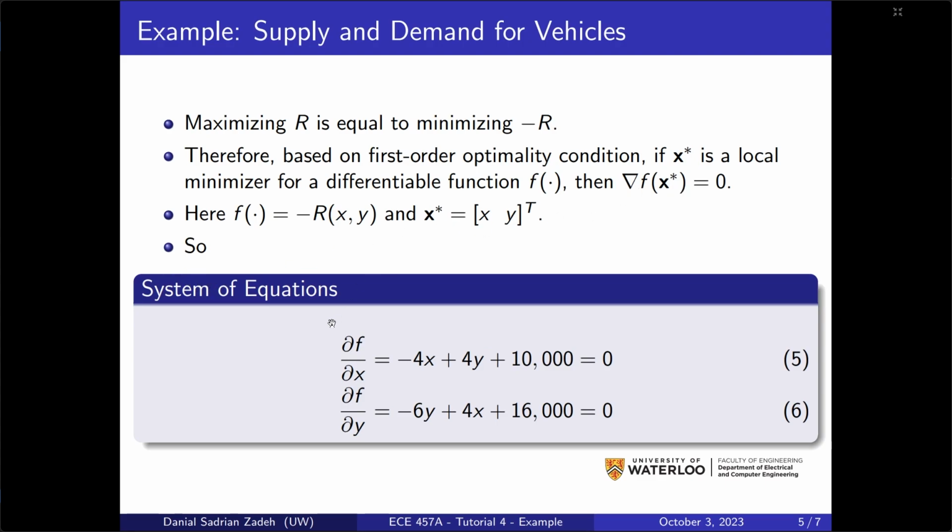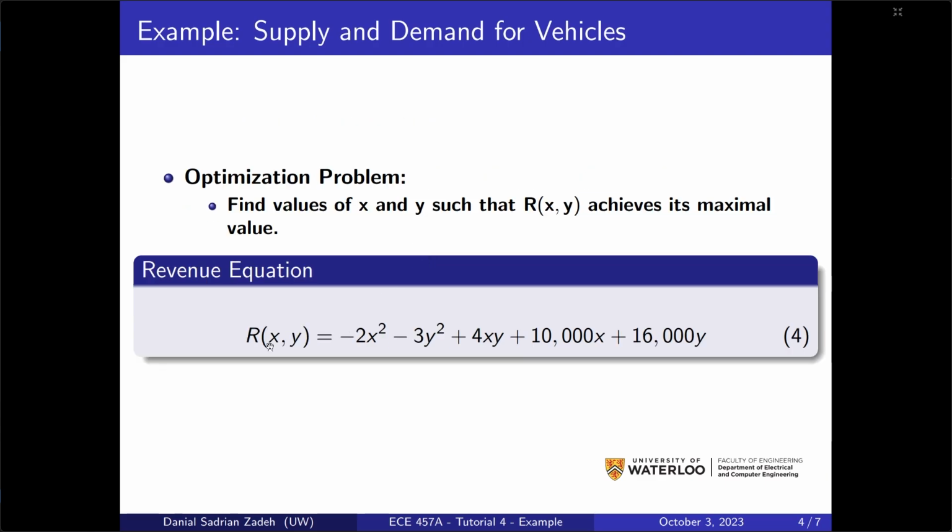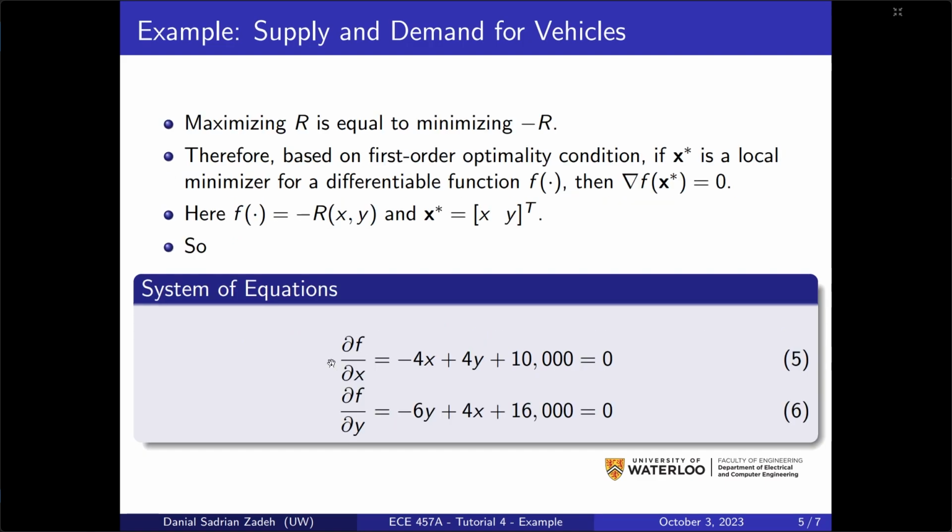Using this gradient, we can take the partial derivatives of this function with respect to X and Y. So the partial derivative of negative R with respect to X is this equation, and the partial derivative with respect to Y is this equation.